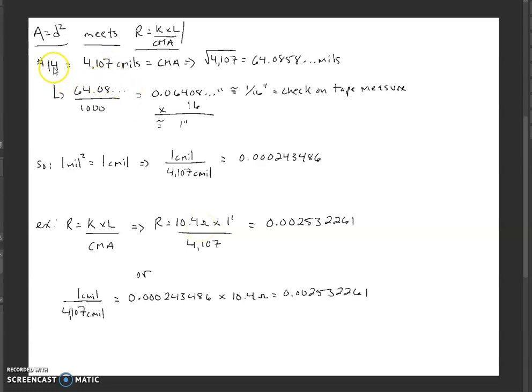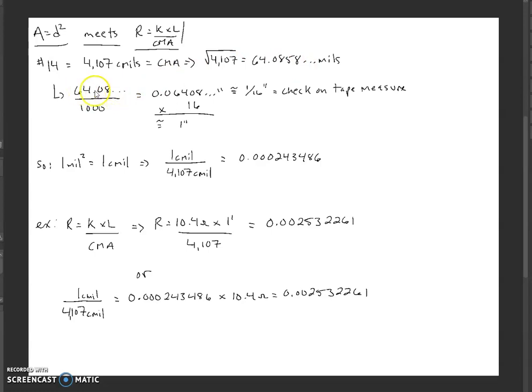But if we take, say, a number 14 AWG, and again, this is in Delmars, in the tables you can see the AWG sizes there. Number 14 is good for 4,107 circular mils, and that's the circular mil area. So if we go through the same process and we square root that, we end up with 64.0858 yada yada mils.